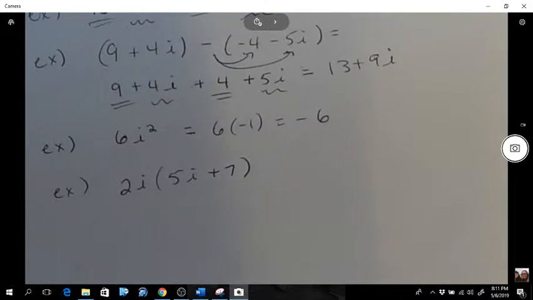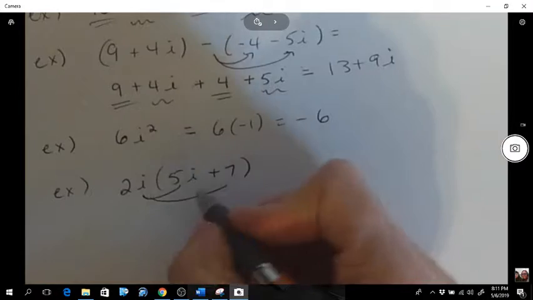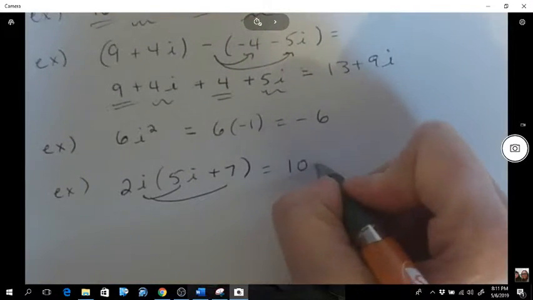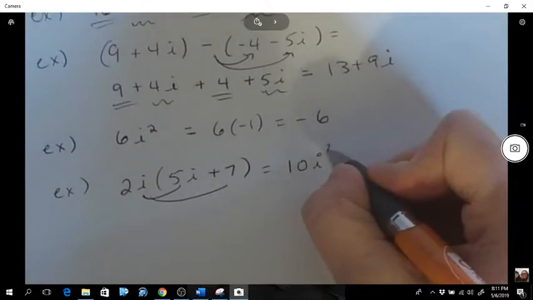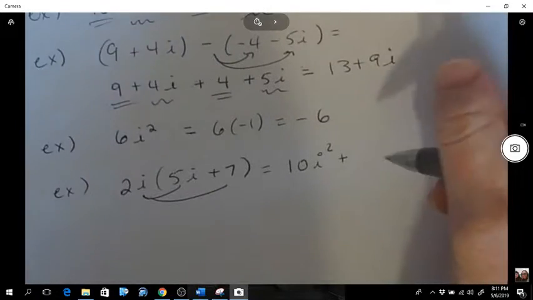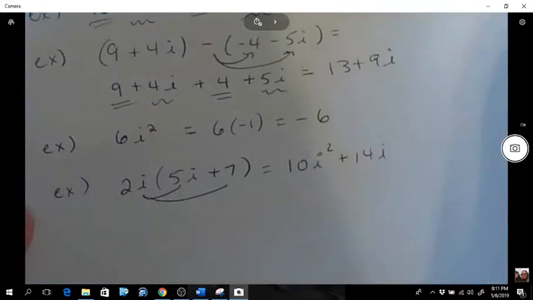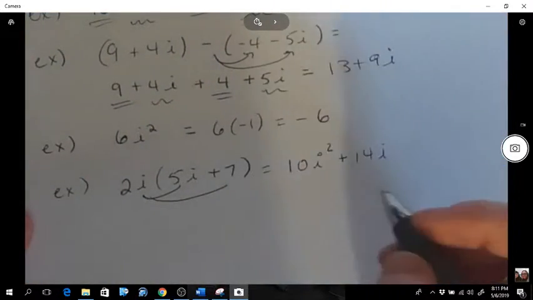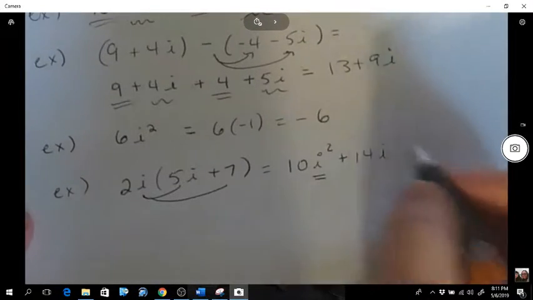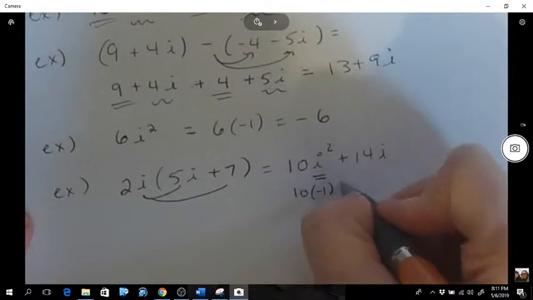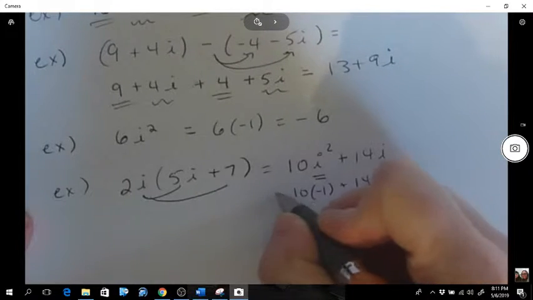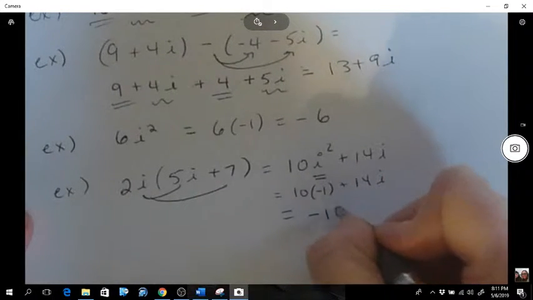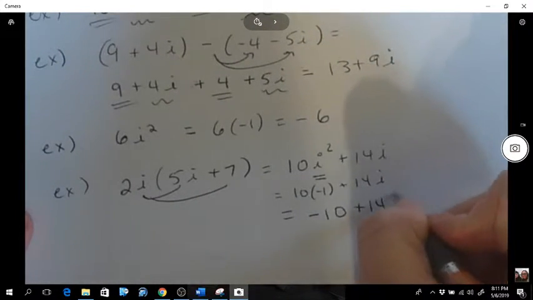Okay, so this is a parentheses, so we're going to distribute. So this becomes 10i squared plus 14i. Okay, and i squared is -1. So in the end, this is -10 plus 14i.